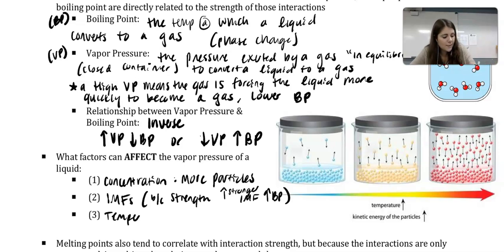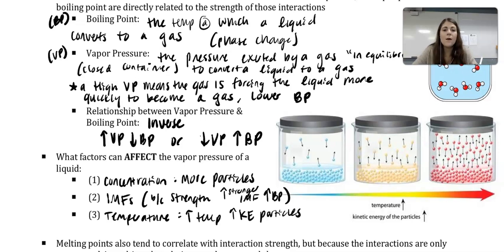And then lastly, temperature. This goes with the diagram to the right. If we increase the temperature, we're increasing the KE, the kinetic energy of our particles. Our particles are moving a lot faster, so we will reach the boiling point much quicker.